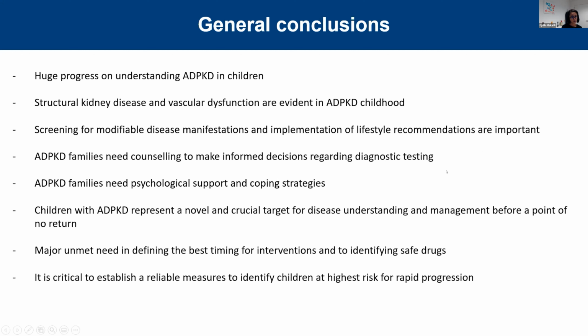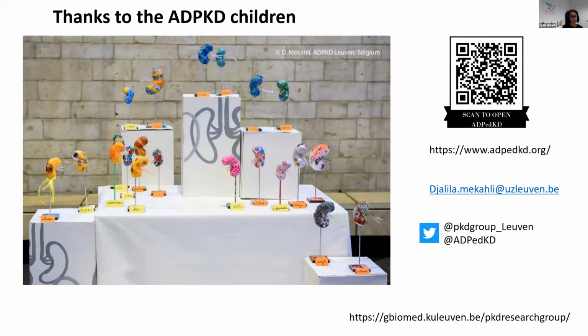And I hope that I convinced you that children and early stage ADPKD are novel and crucial targets for disease understanding and for novel therapy. Then I would like to thank the children of my ADPKD clinic who made this Kidney Day for ADPKD awareness. And I thank you for your attention.